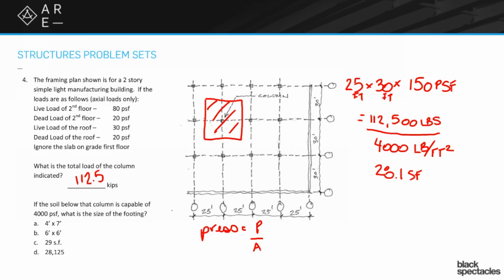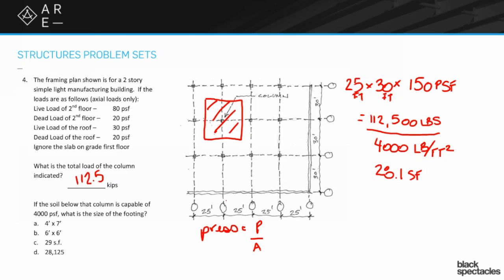So there's an interesting question. Now our answer is 4 feet times 7 feet, which is 28 square feet. That's pretty darn close, but there are two problems with that. Problem number one is that it's 28, not 28.1, so you are actually a little bit less than what the requirement was. What's the other problem with 4 times 7? Well, it's rectangular, which you can do. There might be a reason why you would have to.